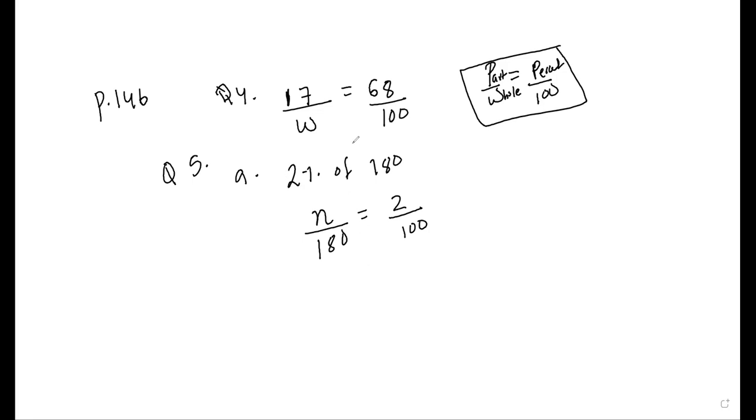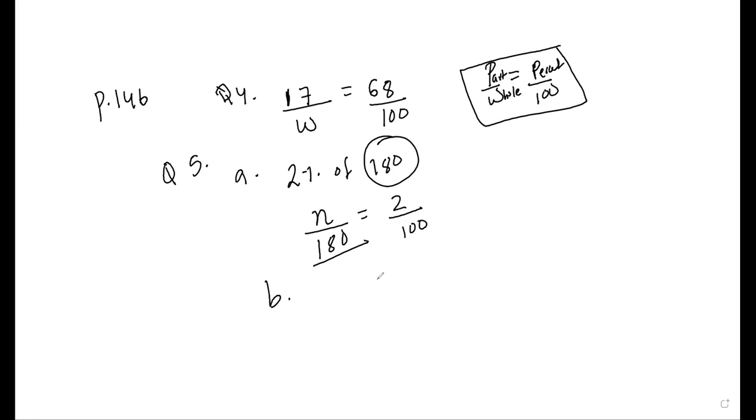The percentage is 2 over 100, percent over 100. Part over whole, 180, because they said 2% of the whole. 180 is the whole. You don't know how much the 2% is, so you have to find n. This is how you write it.